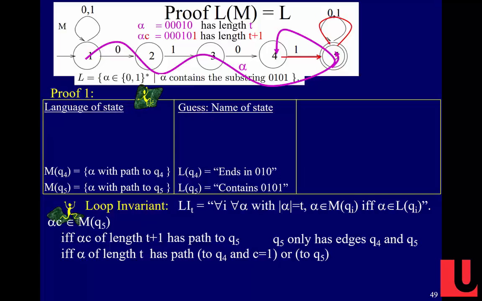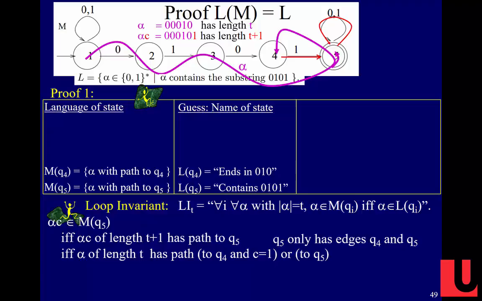All right? So now we can say, this is where we're skipping some things in the proof, the loop invariant tells us, if alpha has a path of length t to Q4, then alpha is in MQ4, or is it in Q5? And our loop invariant then connects it to the L's.